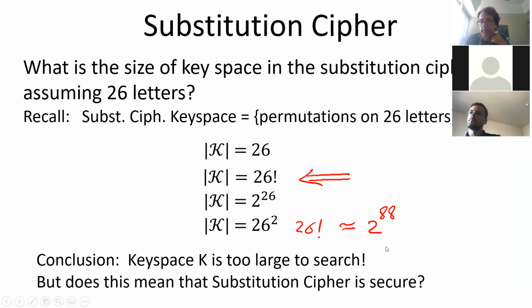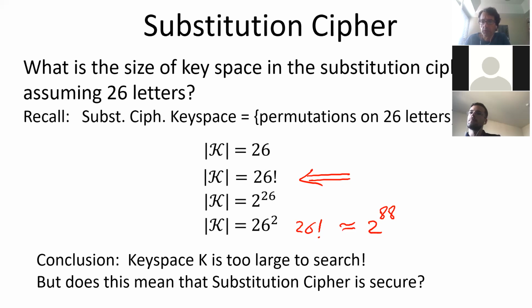And that's actually a large number, right? So perhaps a modern computer can do 2 to the 30 operations in a second. I don't remember, maybe it's 2 to the 35 now, right? And so if I have 1,000 computers, they're capable of doing 2 to the 45 in a second. So I multiply by the number of seconds in a year, which I don't remember, but let's say it's 2 to the 15 or even 2 to the 20.